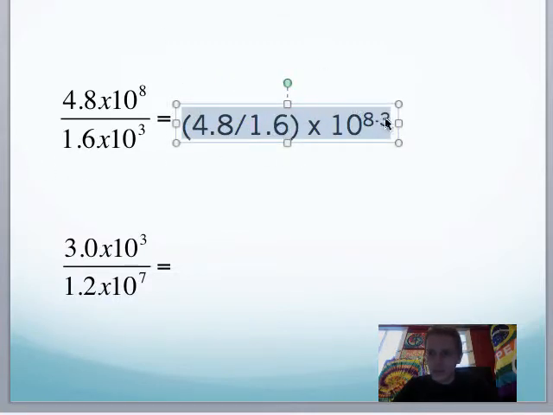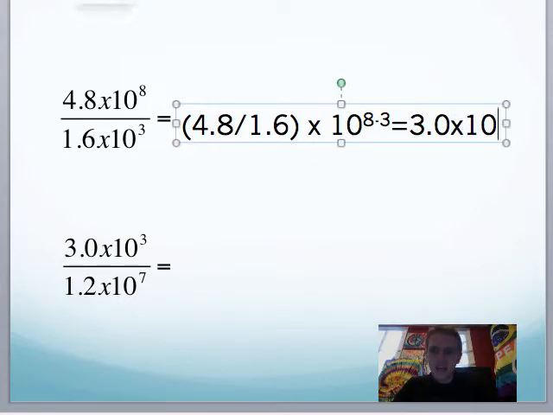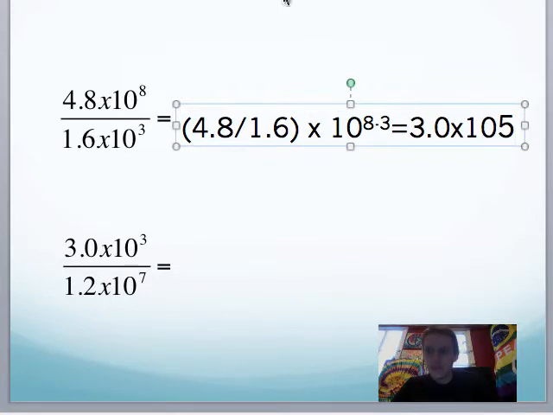Make that a little bit bigger. When we simplify that, our new coefficient, 4.8 divided by 1.6, is 3, or 3.0, times 10 to the 8 minus 3, which gives us the 5th power.